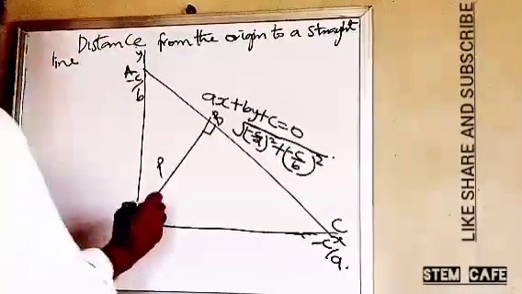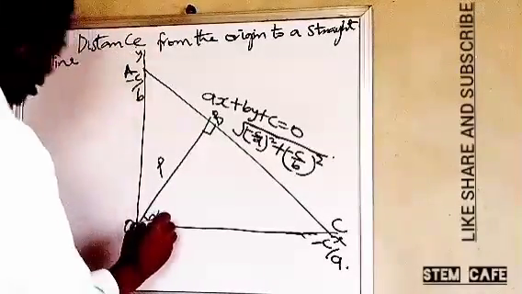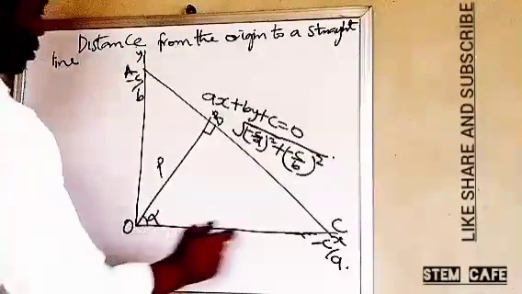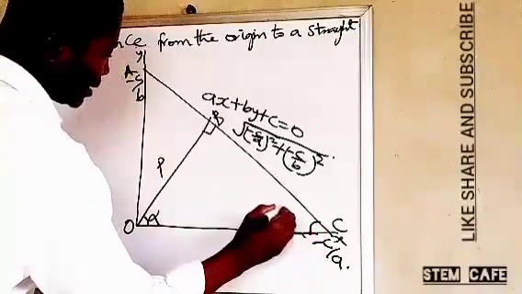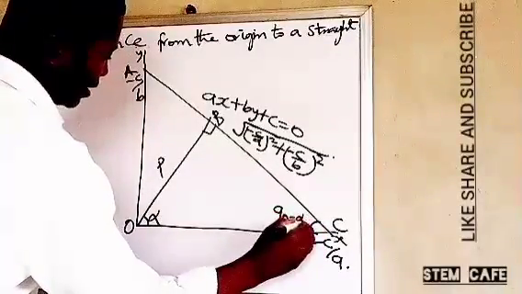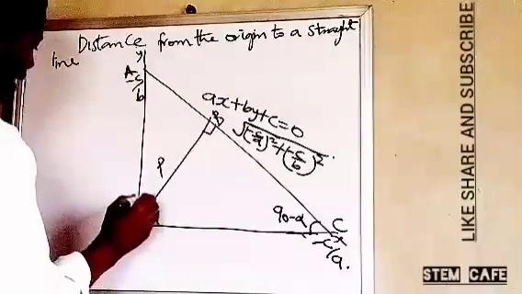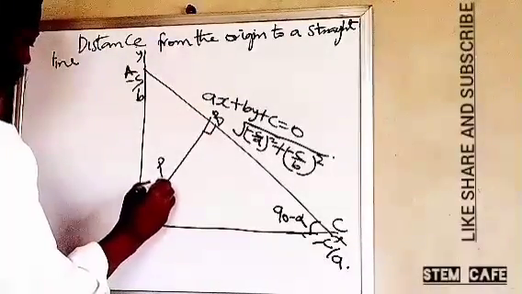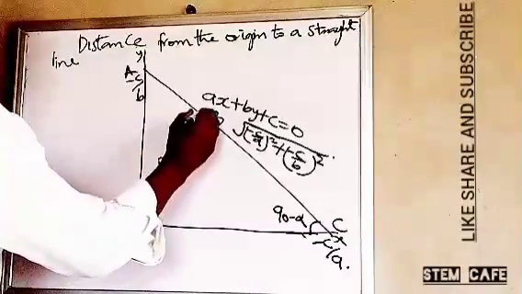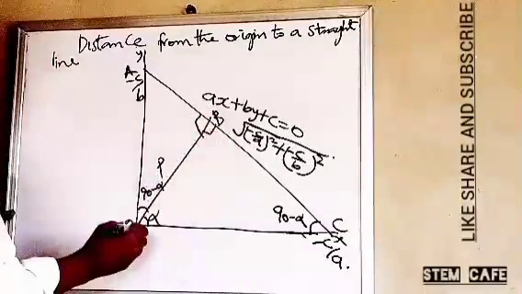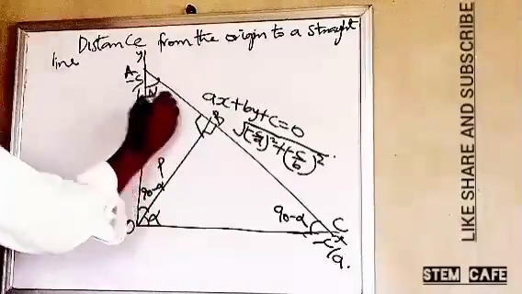Fine. The angle subtended with the x-axis is alpha. Therefore, angle OCB will be equal to 90 minus alpha. Here, this angle AOB will be 90 minus alpha. So this is perpendicular. On closer observation, you see that this angle is 90 degrees, so this one also will be alpha.